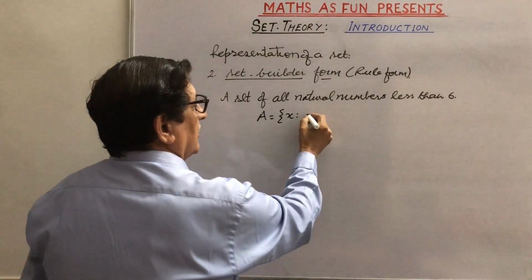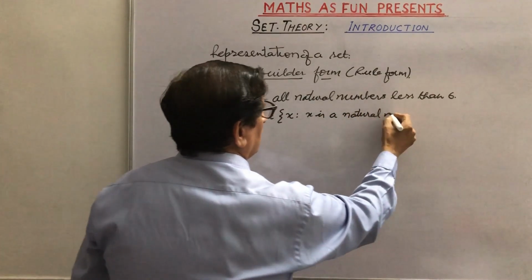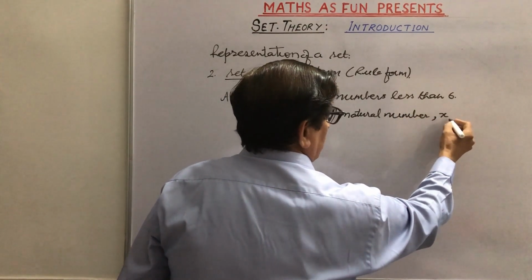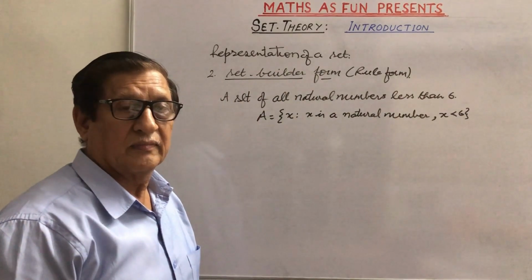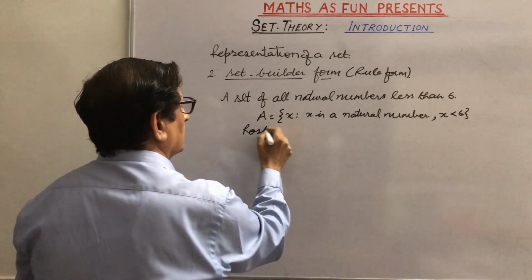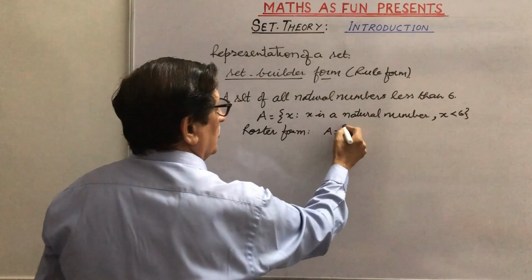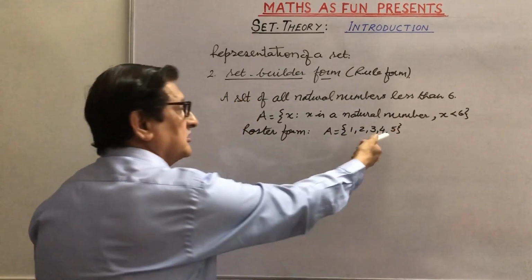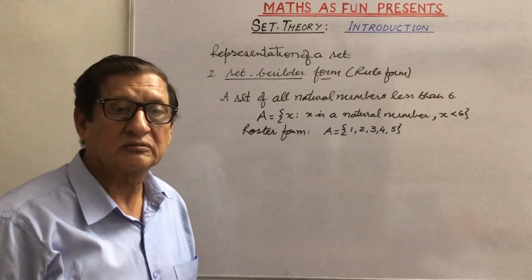So we can write X is a natural number and X is less than 6. If we want to represent the same in the roster form, we can write this as A equal to 1, 2, 3, 4, 5. All these natural numbers are less than 6, so they will be collected in this particular set.